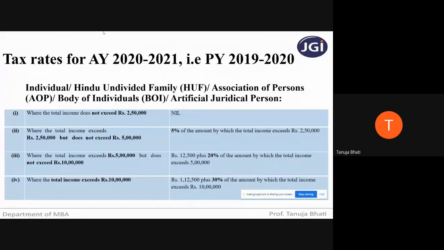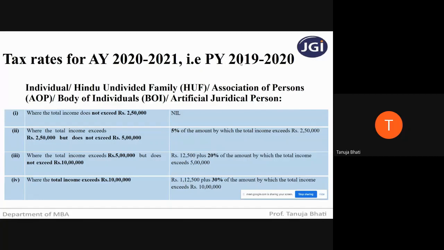For your exam purpose, previous year 2020-2021 will only get over in March. So has it got over? No. So for your exam purpose, the year they will be considering for your questions is previous year 1920, which is assessment year 2020-2021.